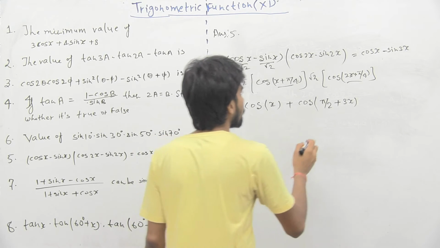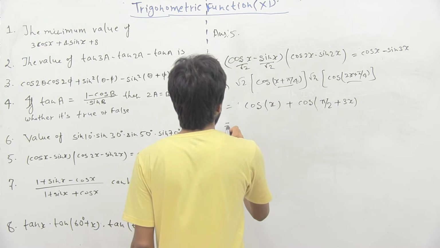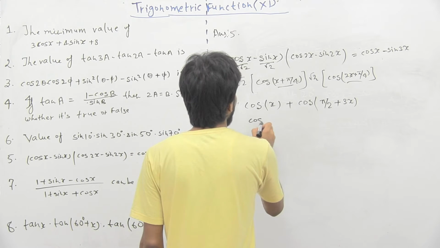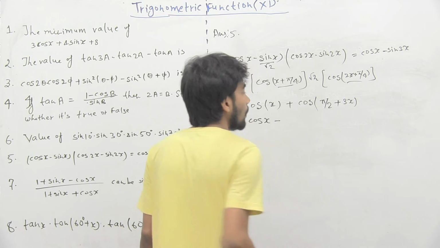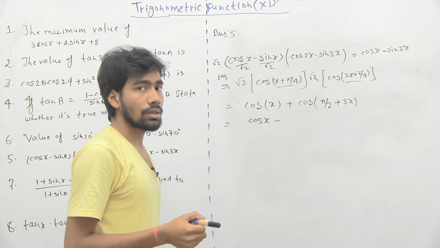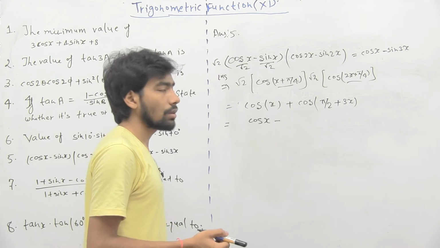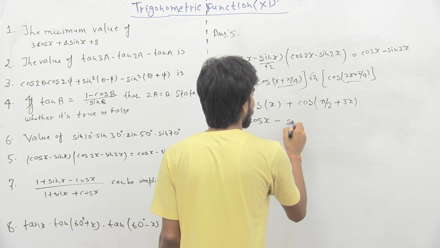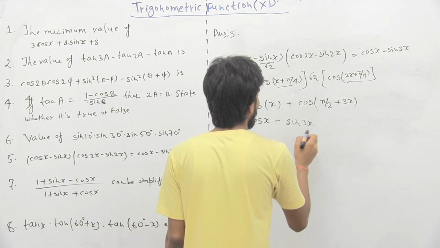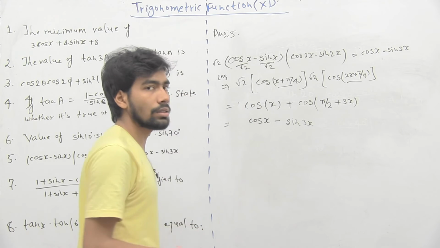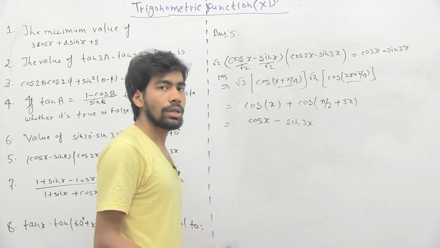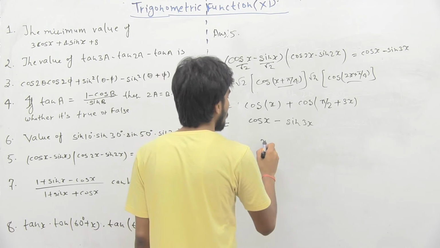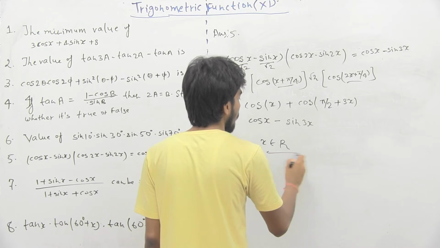Okay. It is cos x and cos pi by 2 plus a. What is cos pi by 2 plus a? It is sin 3x. Okay. So we see that it holds for all the values of x. Okay. So x is an element of any real number.